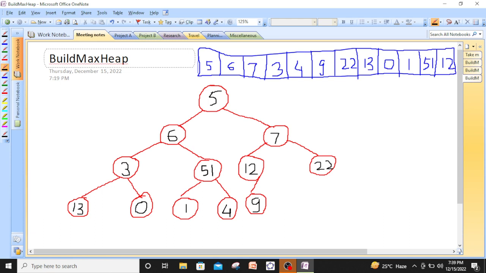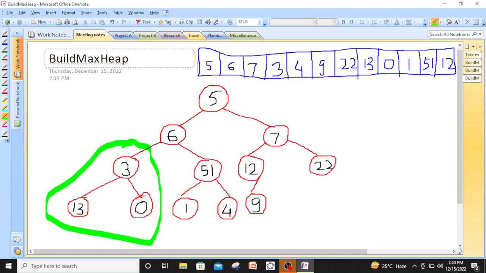So I take that 3 with its children. I have taken. In this you see the nodal value is 3, but the largest value is 13.